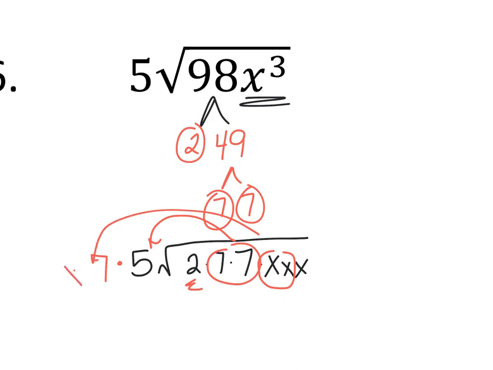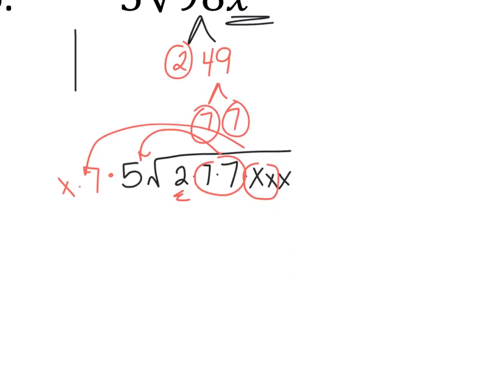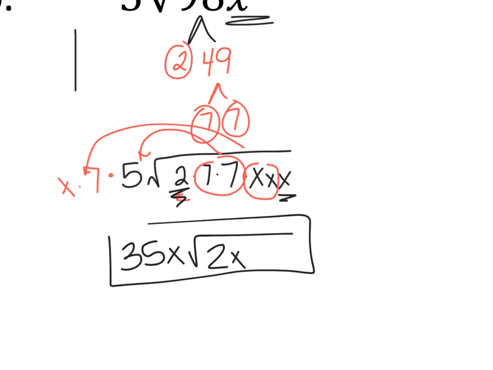And boom, they go on the outside as well. So my new expression is just going to be x times 7 times 5, which is actually just 35x, radical 2x. That is your final answer.